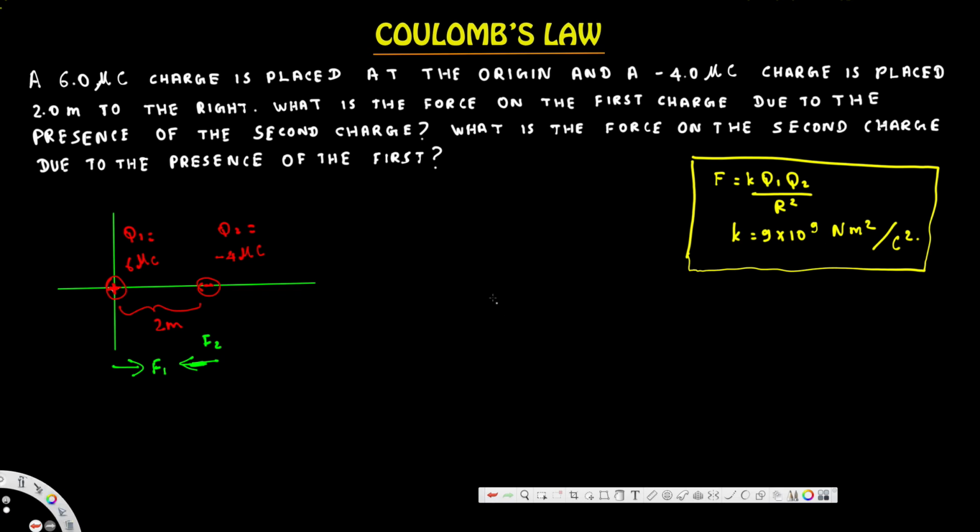So first let's calculate the magnitude of F1, I'm calculating the first force. Force is equal to k times q1 times q2 divided by r squared, and k is 9 times 10 to the power of 9, times the first charge, which is 6 microcoulomb, so 6 times 10 to the power of negative 6, and then the second one is 4 microcoulomb.